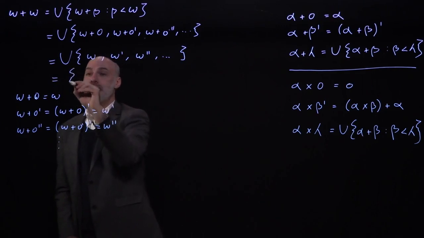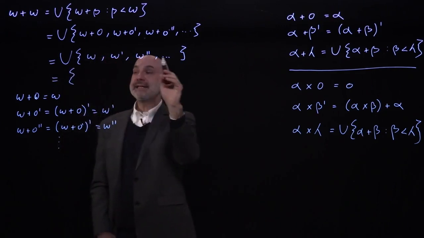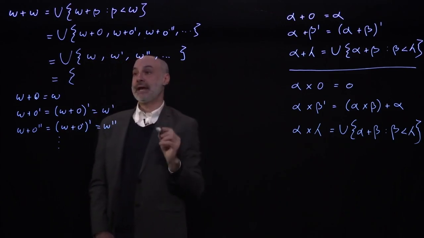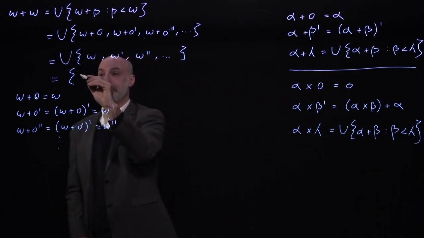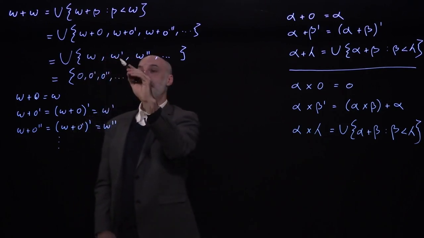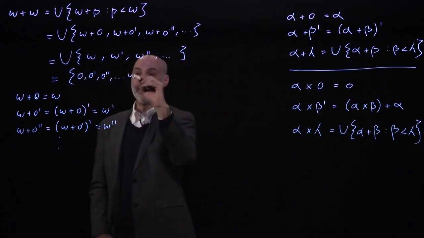And now remember that unions are just the result of pooling together all the elements of the members in our set. So we start with the members of omega, which are 0, 1, 2, etc. And then we pool in the members of omega prime, which are all of those plus omega.